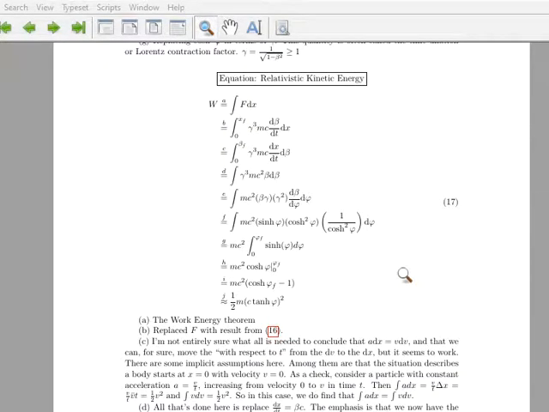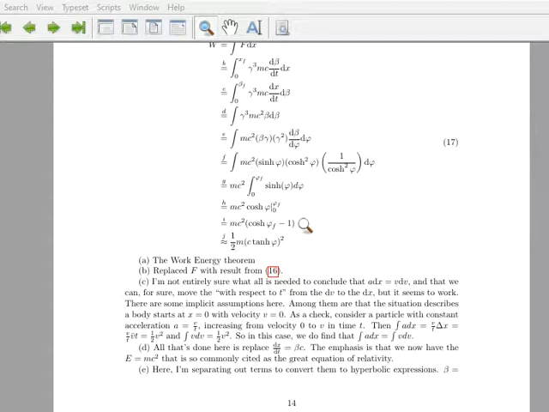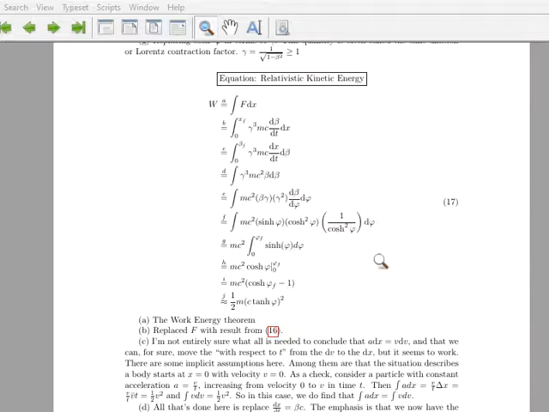And then I have finally the relativistic kinetic energy, which is work equals the integral of the force times the distance. We're using that force that we just calculated, gamma cubed mc del beta del t. C times del beta del t is our acceleration. So we go through a bunch of steps here until we finally come up to an integral, and we get that the work done to accelerate the particle from 0 to a final velocity is equal to mc squared times cosh phi minus 1.